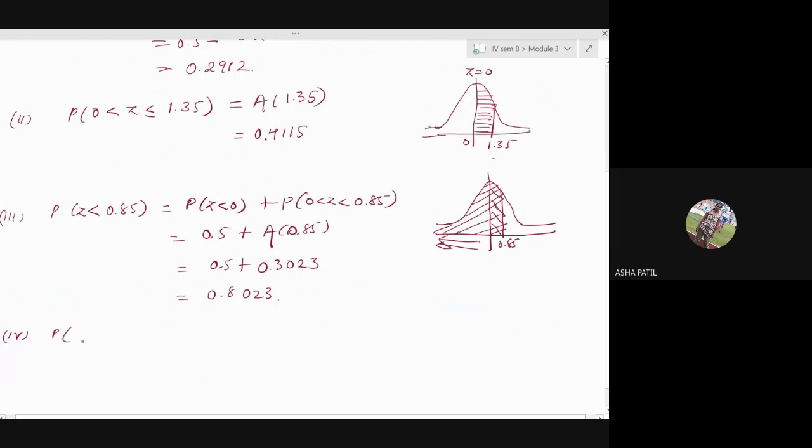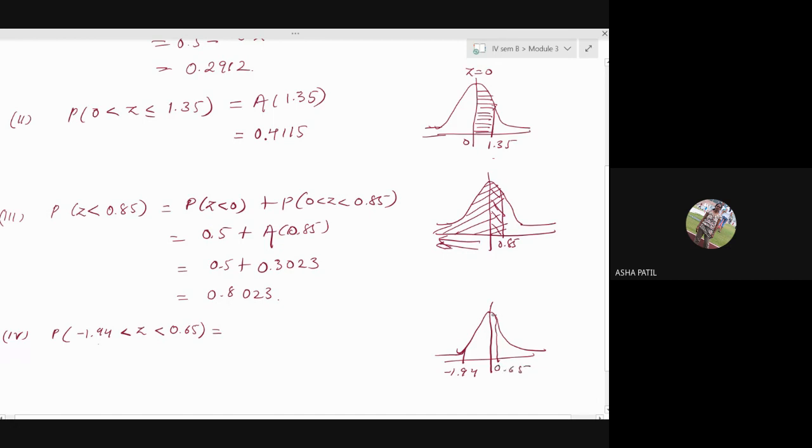Probability that minus 1.94 less than z less than 0.65. You want the area or the probability between minus 1.94, I'll make this point here, minus 1.94 up to 0.65. Let me take 0.65 here.